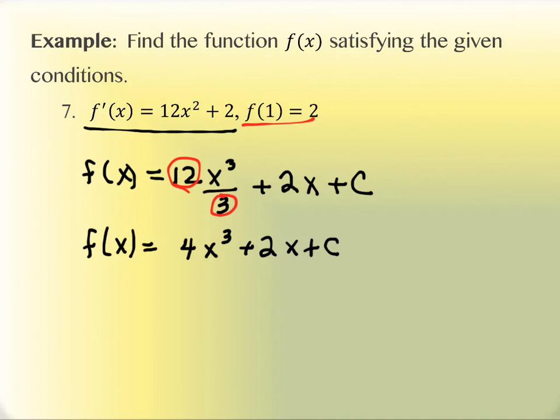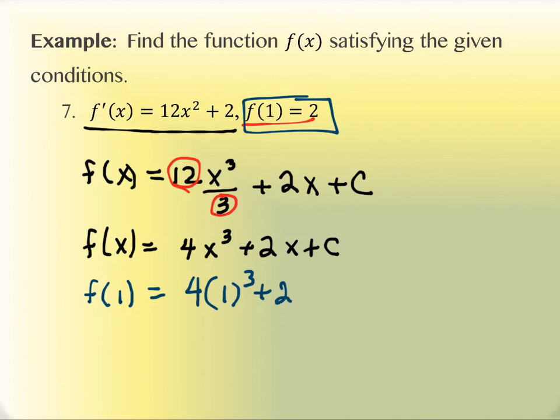So what we've done is nothing different on this problem yet. But the last step on this problem, and this is the information they give us right here at the end, allows me to actually figure out what c is. Sometimes you'll hear it referred to as an initial condition. It gives you some information about the function f of x. In particular, on this one, it tells you that when x is equal to 1, and we can fill in the 1 for all the x's, then the whole function value is going to equal 2.